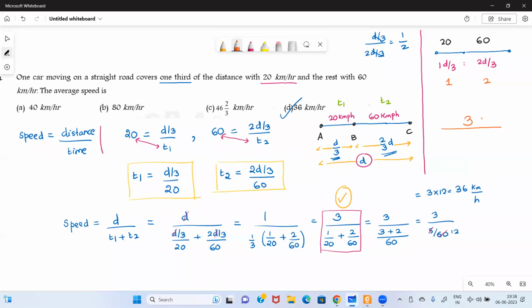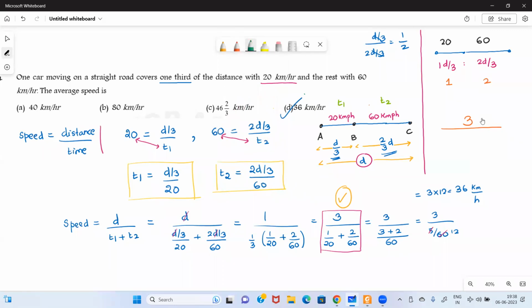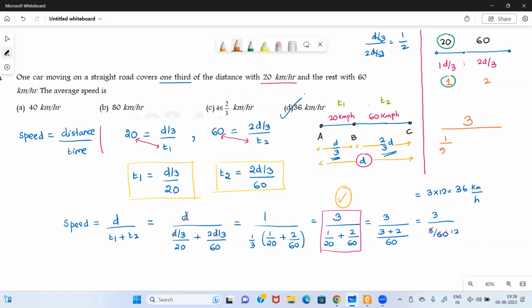Then divided by 1, that ratio 1 divided by 20, plus, what is the ratio here? 2 divided by 60. So we can bypass all these steps, directly reach here. That is how you will be encouraged to do it in competitive exams.